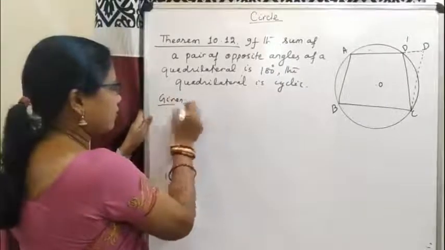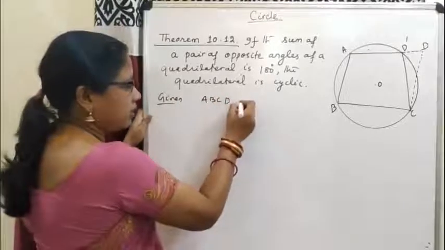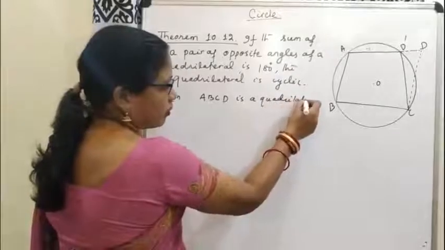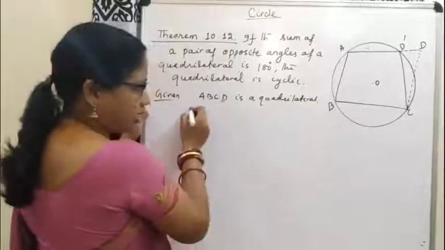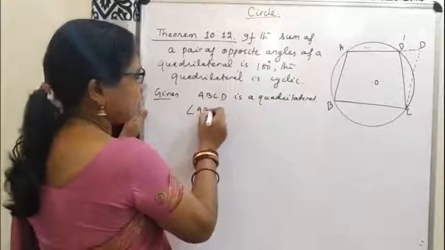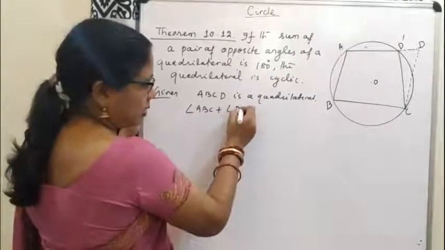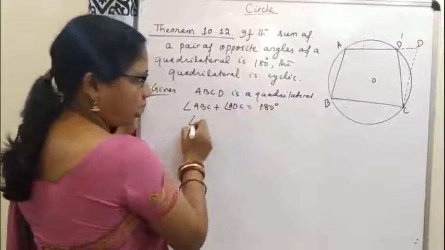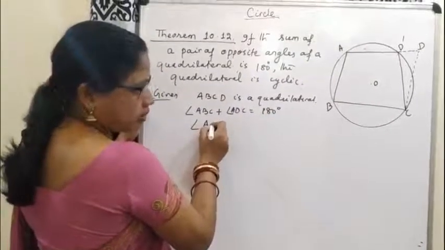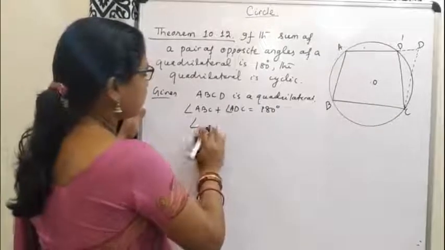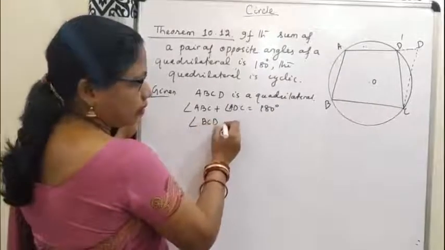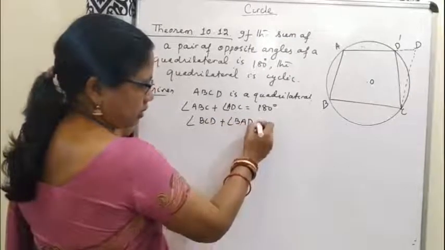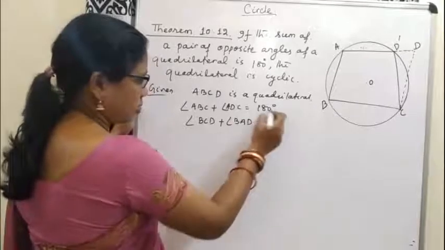Given ABCD is a quadrilateral and it is given that angle ABC plus angle ADC is equal to 180 degree and angle BCD plus angle BAD is equal to 180 degree.